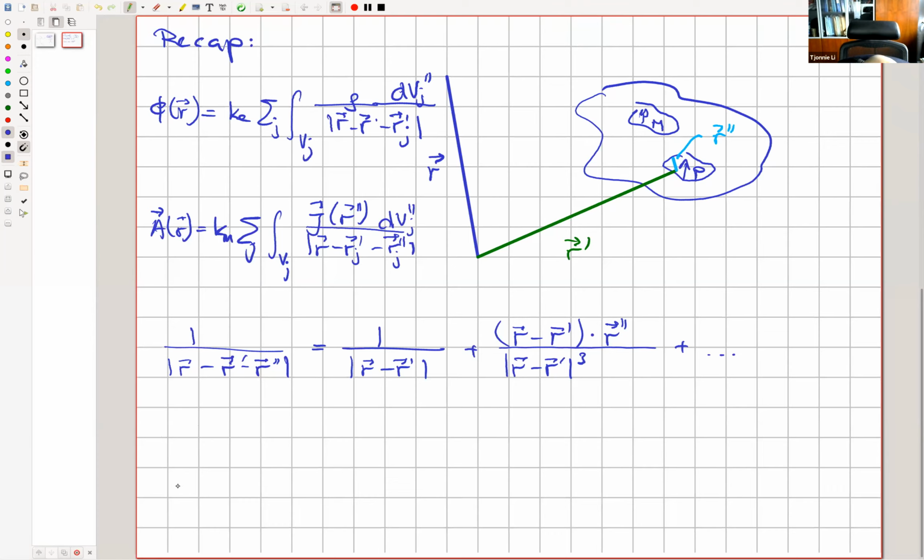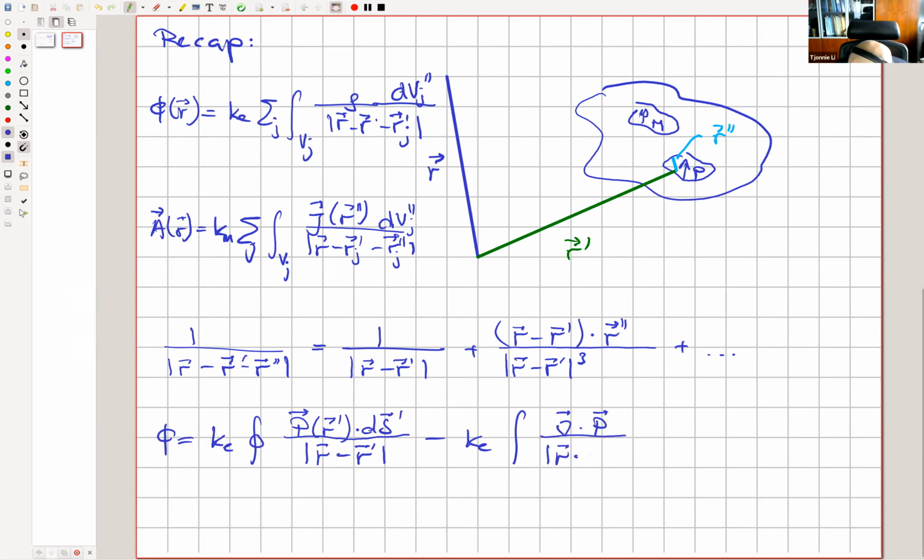In this case here, phi is just Ke times the integral of P, which is now the polarization density, at r prime, dS prime, divided by the magnitude of r minus r prime, minus Ke times the integral of the divergence of P divided by r minus r prime, dV prime.